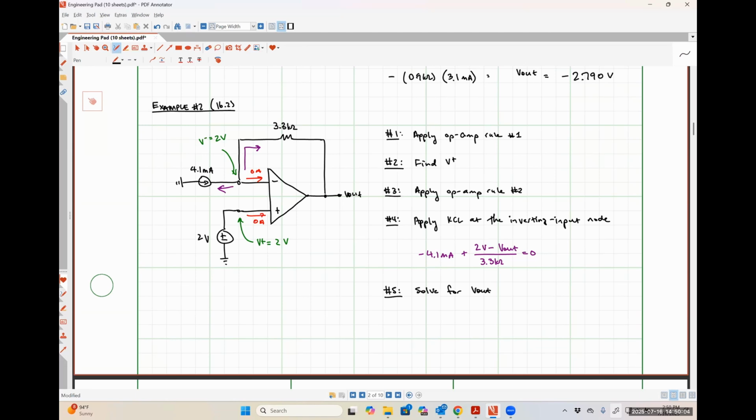So I'm just going to use the numerical solver on my calculator here because I'm too lazy to do this much algebra. I believe we'll get negative 11.53 volts.